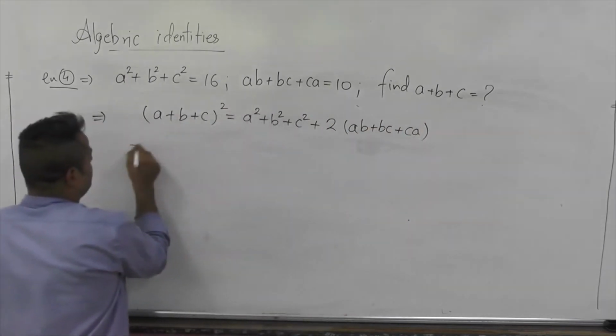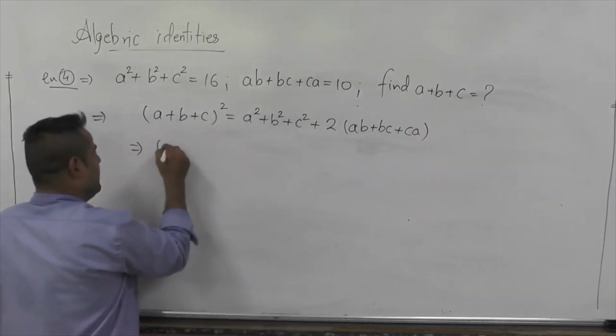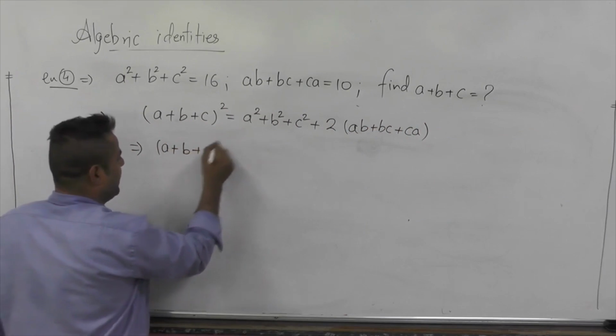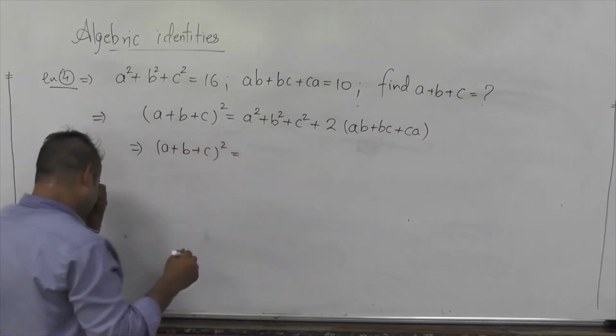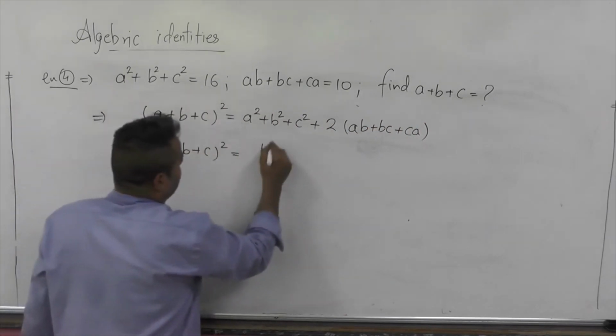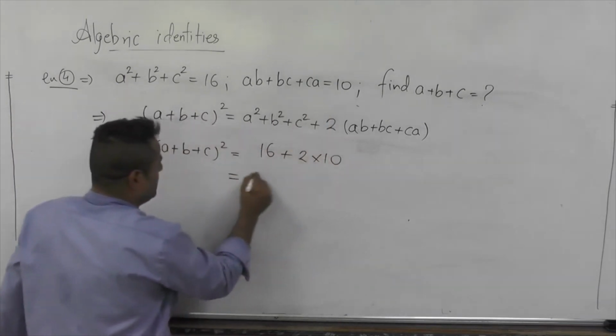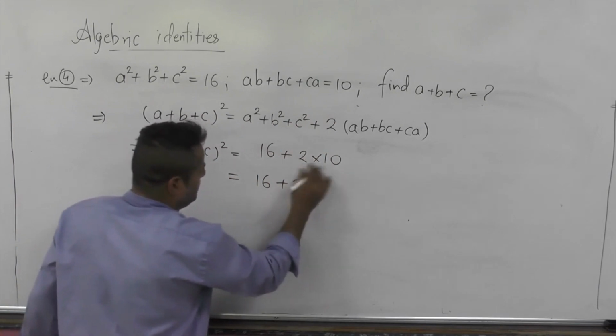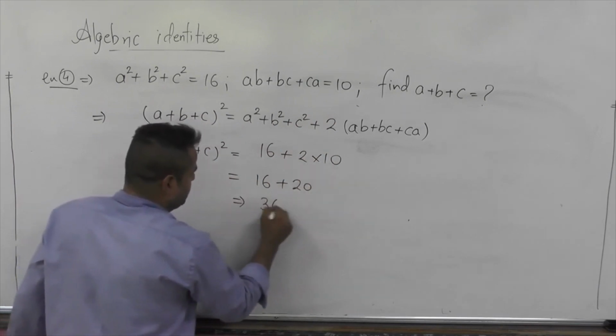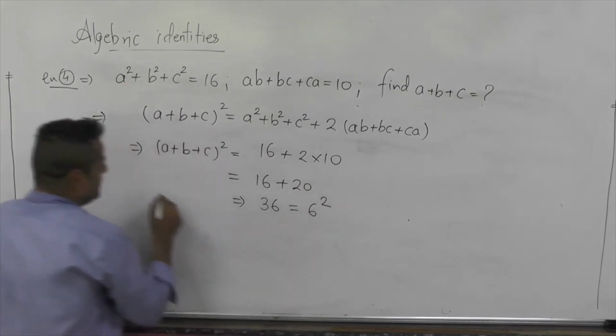Now I am putting the values here. We need to find a plus b plus c, so I am writing it as it is. a square plus b square plus c square is given as 16, and ab plus bc plus ca is given as 10. 16 plus 2 tens, which is 20, will become 36, which is 6 square.